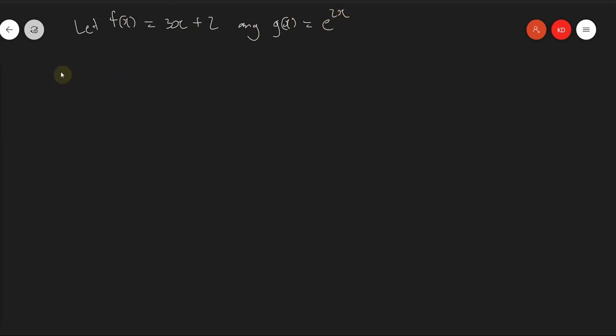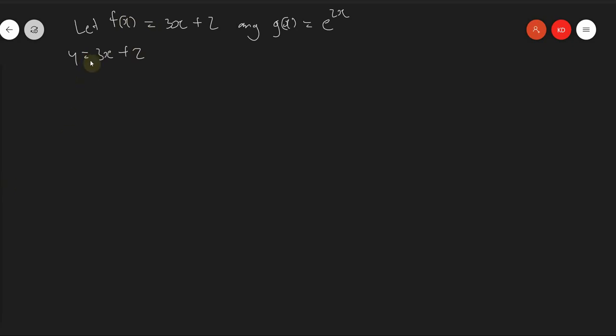The first part says we're supposed to find f inverse of x, and there is a simple way to do that. Basically you say let f of x be y, so you would have y equal 3x plus 2, then you interchange the variables.